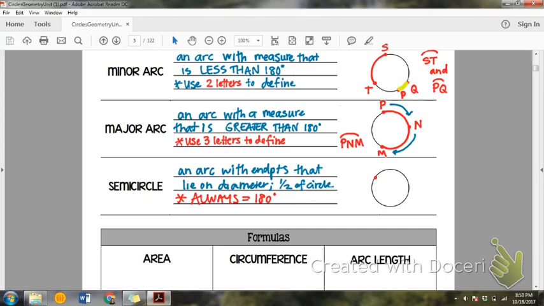So if I were to draw this, we'll call this X. And here's my P. Is my center. So notice XY is the diameter.